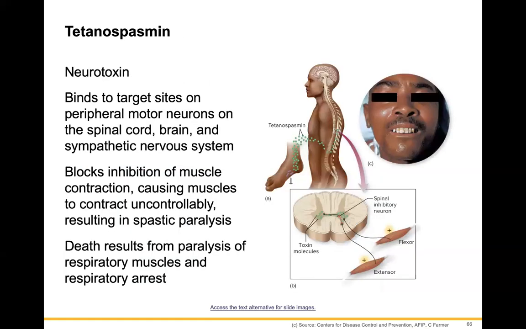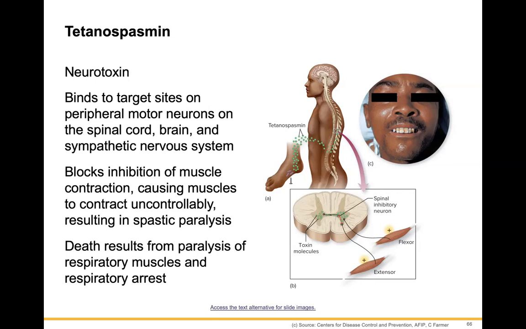The neurotoxin will end up producing tetanospasmin, the neurotoxin that's produced by Clostridium tetani. It binds to target sites on the peripheral motor neurons, the spinal cord, brain, and sympathetic nervous system.